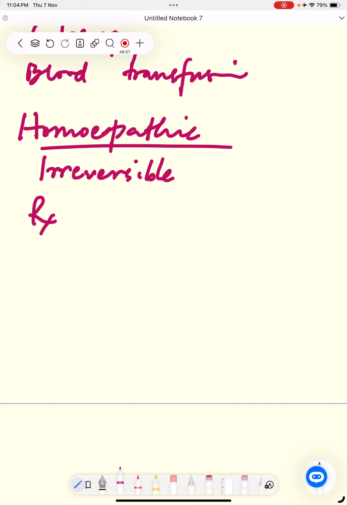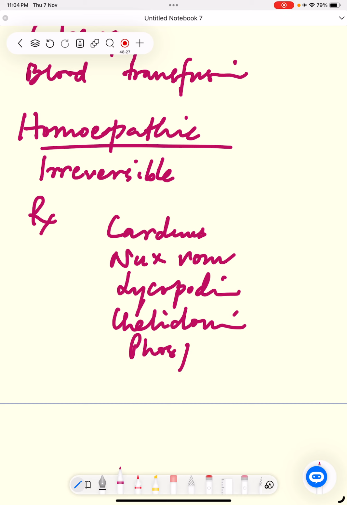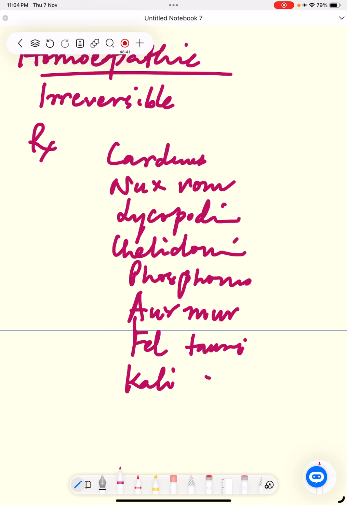But just to give the list of remedies that are wonderful in these cases, you can think of Carduus marianus, you can think of Nux vomica, Lycopodium, Chelidonium, Phosphorus, Aurum mur, Ferrum, Kali iod, Quassia, and Podophyllum.